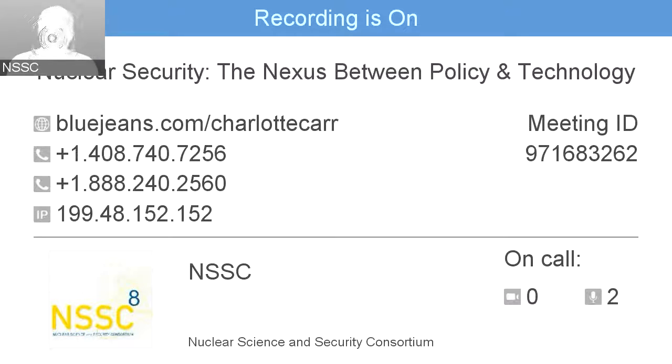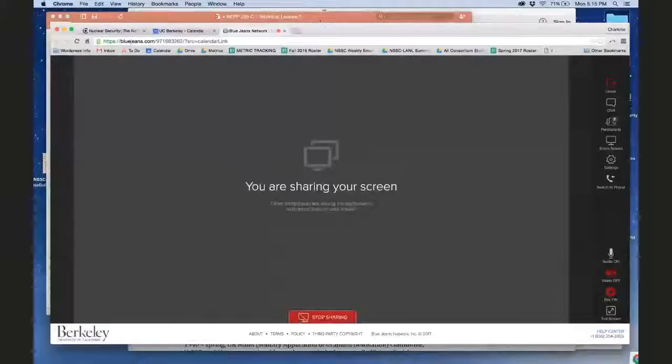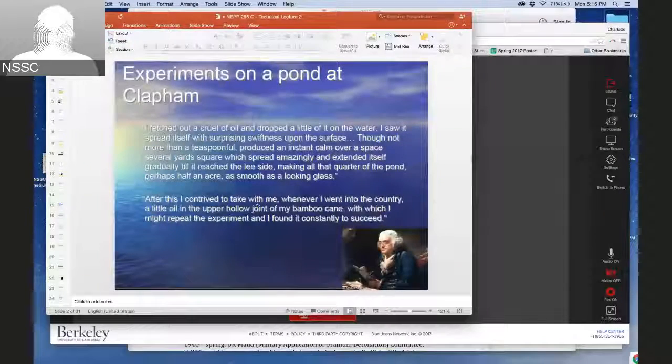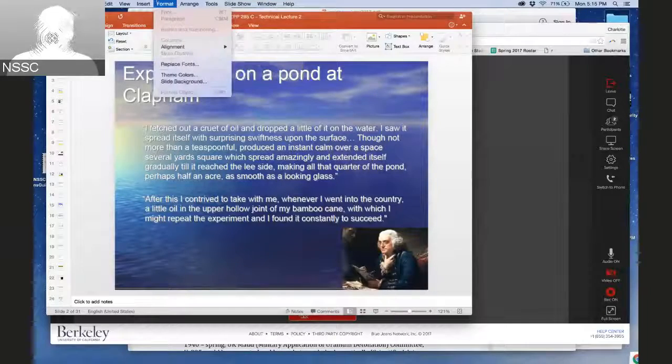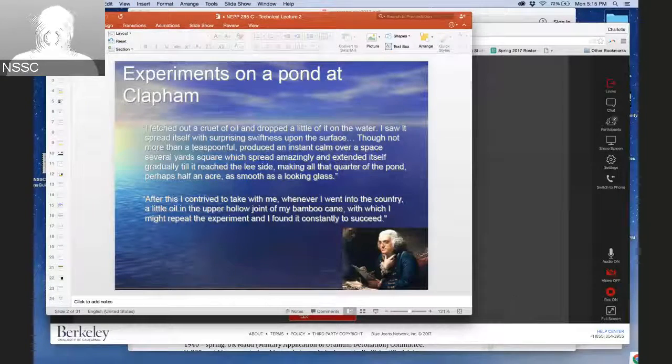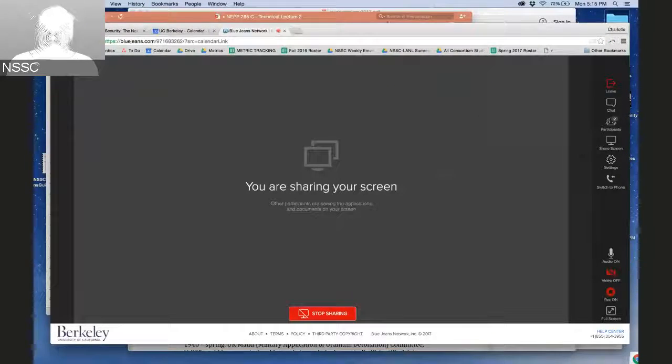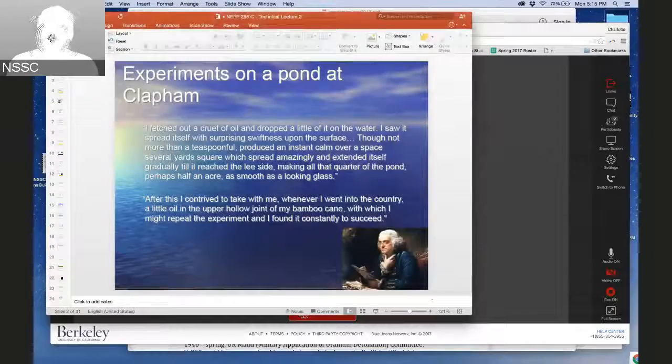Okay, interesting thing. How do we know the size of an atom? An atom is a neutral object, I think you know, we'll go over this a little more, with a nucleus in the middle and a puffy cloud of electrons around it. Interestingly, one of the first estimates for the size of an atom, or a molecule at least, was given to us by Benjamin Franklin, who did an interesting experiment.